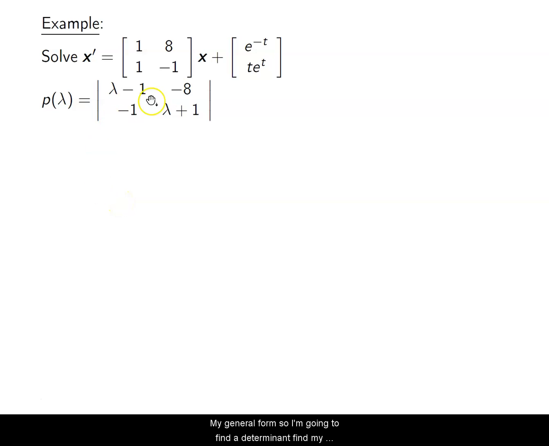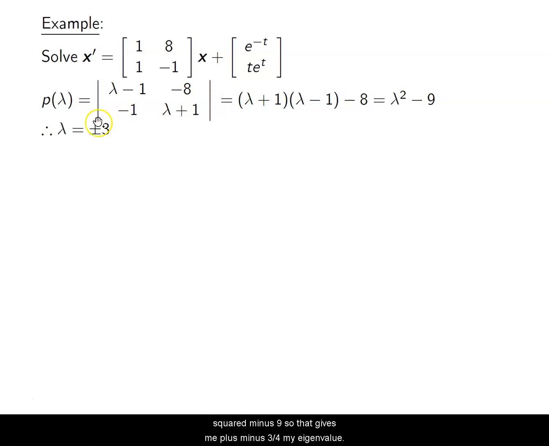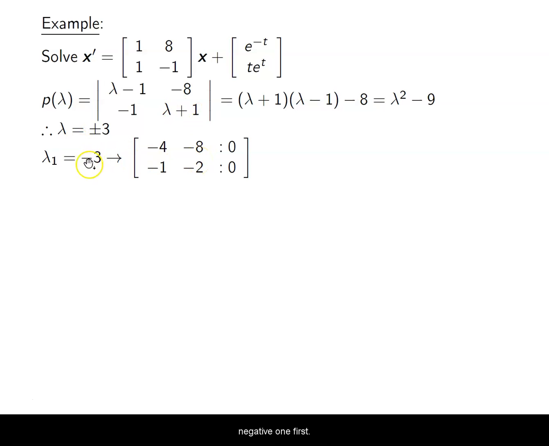So I'm going to find the determinant, and find my eigenvalues and eigenvectors. I have basically lambda squared minus 9, so that gives me plus and minus 3 for my eigenvalues. Plug those in for my lambdas. I'll start with the negative one first. This is my system.